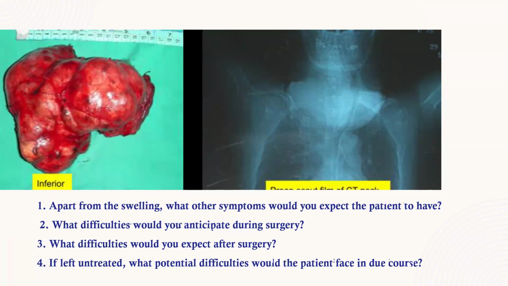Vasculature, sir, bleeding. Correct, bleeding can happen. Where does the thyroid take its blood supply from? Superior thyroid and inferior thyroid, sir. I'm specifically asking in this situation. I know the superior and inferior thyroid. Nitya, where is the blood supply coming from in a retrosternal goiter?